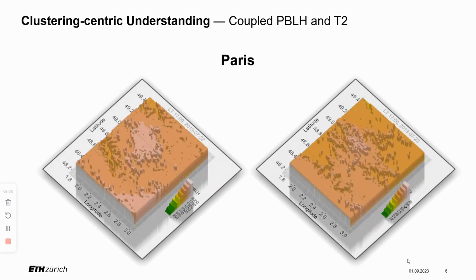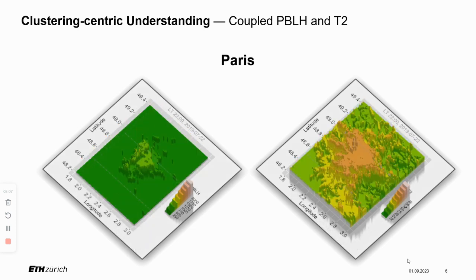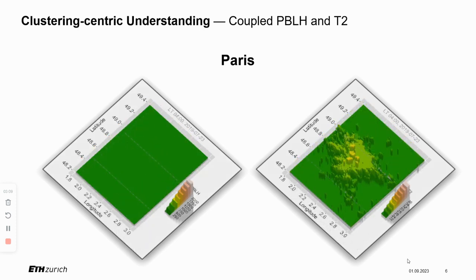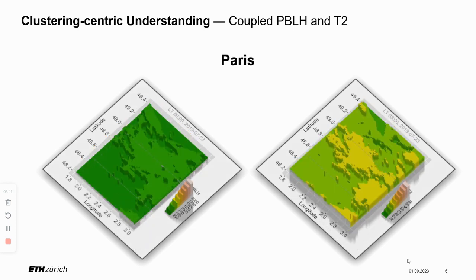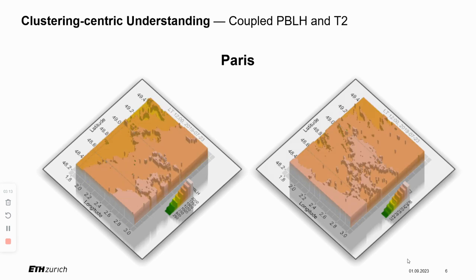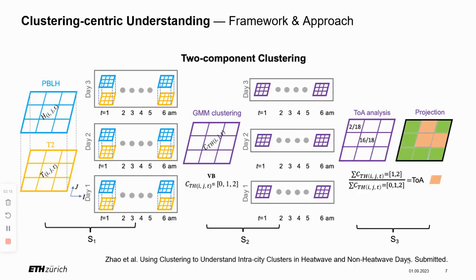This is quite straightforward, because we know urban heat island effects are more pronounced during nighttime, right? So what we do is quite straightforward. We pair the 2-meter air temperature with the planetary boundary layer height, and we do that for nighttime from 1 a.m. to 6 a.m., for 3 consecutive days. That ends up with 18 time-instant data sets.